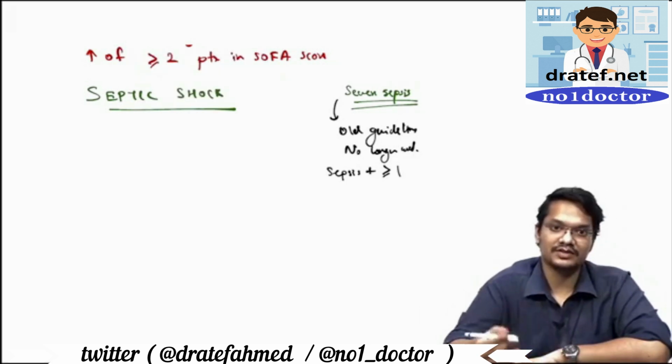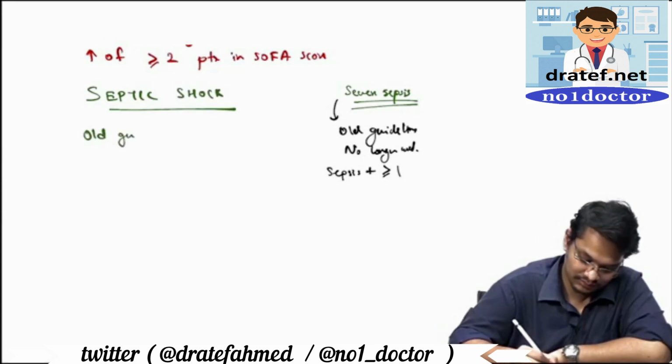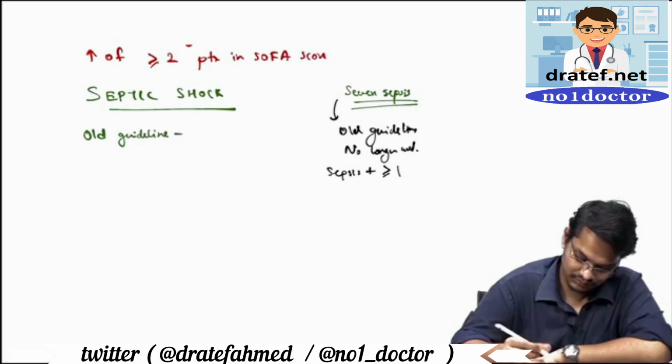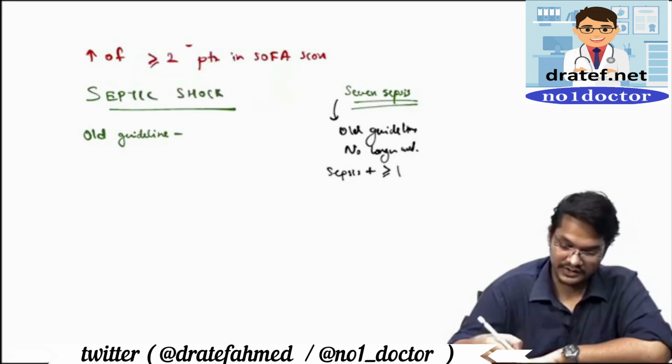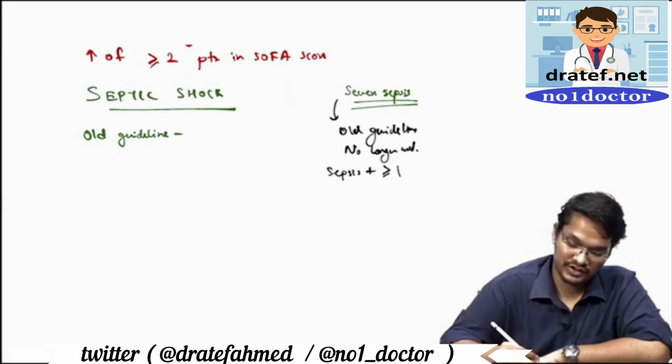So sepsis, now coming to septic shock. So if we again talk about the old guidelines, it was severe sepsis plus hypotension.